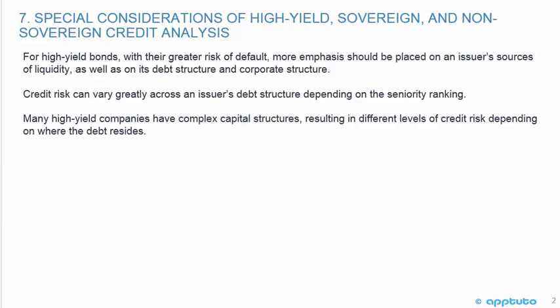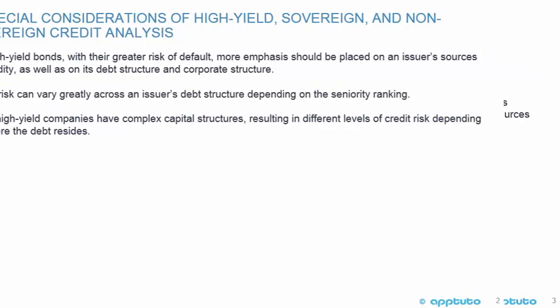For high-yield bonds with their greater risk of default, more emphasis should be placed on an issuer's sources of liquidity as well as on its debt structure and corporate structure. Credit risk can vary greatly across an issuer's debt structure depending on the seniority ranking. Many high-yield companies have complex capital structures resulting in different levels of credit risk depending on where the debt resides.